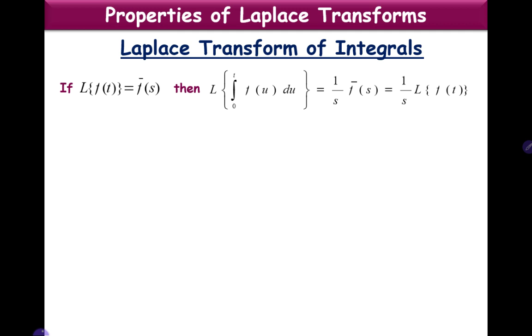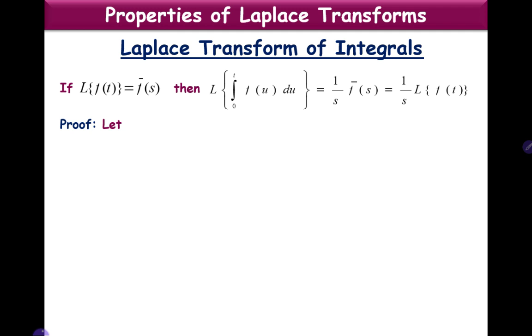It is given by f bar of s by s, where f bar of s is L of f of t. So Laplace transform of integral 0 to t f of u du is equal to L of f of t by s.